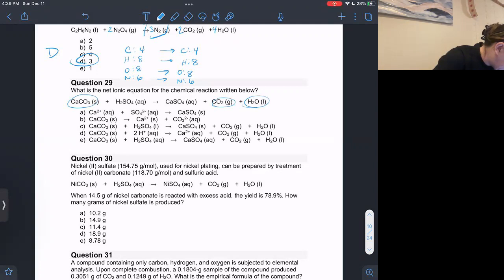So I immediately can get rid of A because that does not have all of the components. This does not have all of the components either, so that can't be it. H2O, this is a liquid now. This is saying this is solid gas. They just changed the signs on that one, so I don't think that one's it.